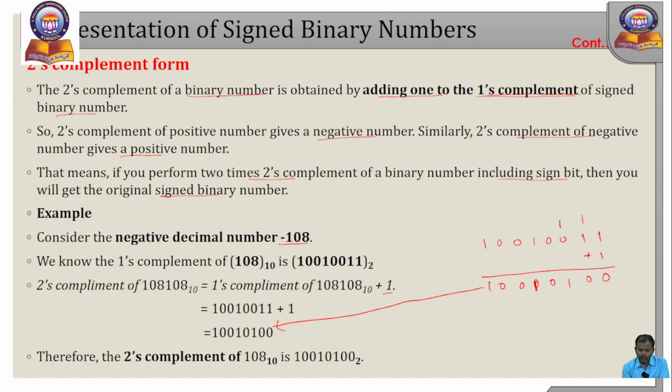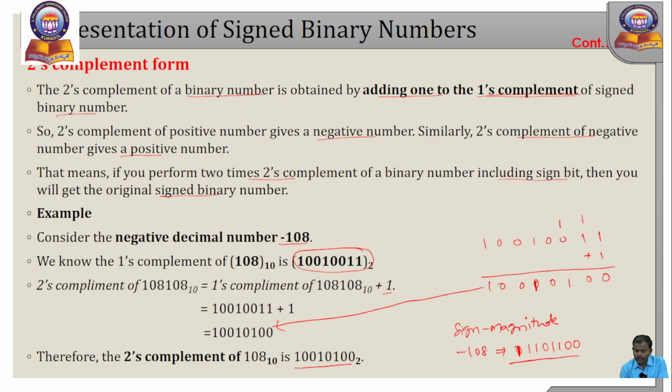So you can observe this is the twos complement of minus 108 and this is the ones complement of minus 108. Both are different. If I take the sign magnitude of minus 108, I get 11101100.